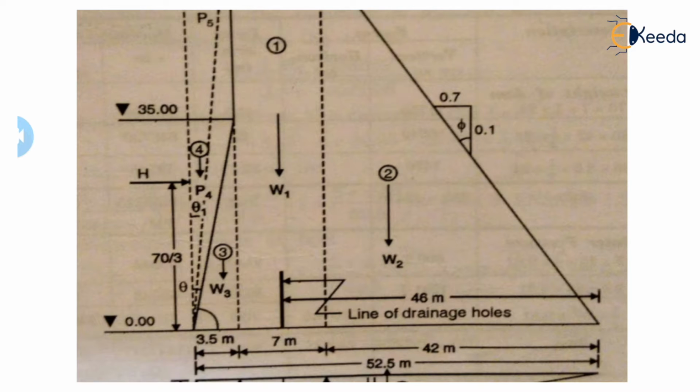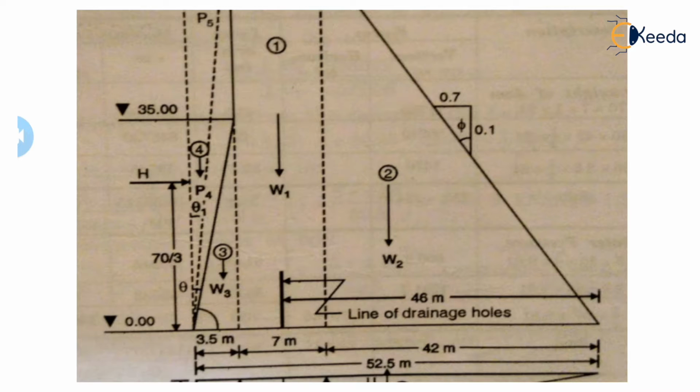For the second section, this is the triangular one and the distance is 42. So again, if you take that center of gravity, that is 42 divided by 3, h by 3.